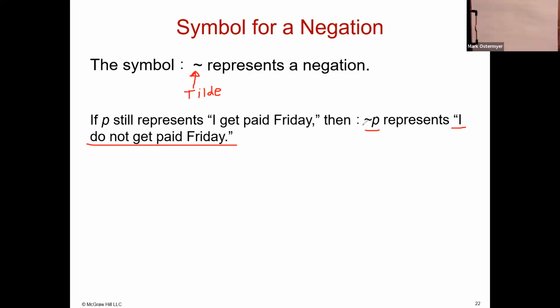That's the negation symbol that we'll use in this textbook. In all honesty, that's a fairly common universal symbol in all logic books, although I have seen a symbol like this before. I've seen some logic books that use this symbol. That's the negation of statement P, but we're going to use the tilde symbol in this textbook.